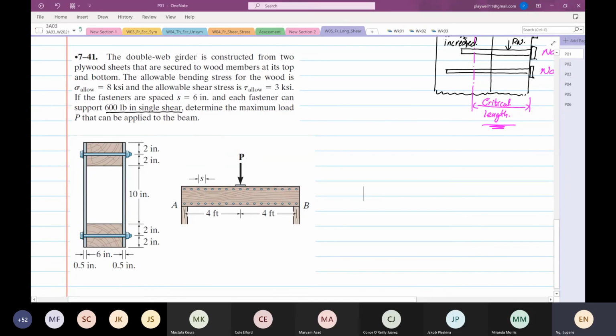This is our wood member, and this is our plywood sheet.